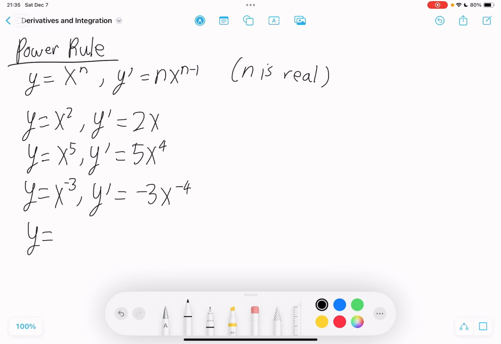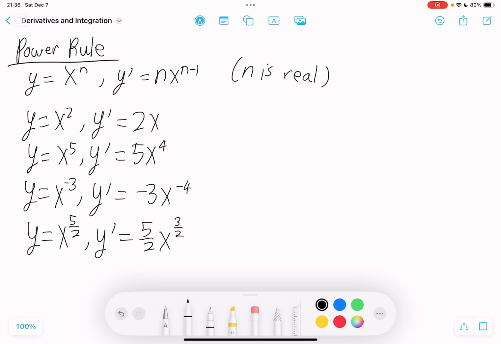If y is x to the power of, say, 5 over 2, then the derivative of y would be 5 over 2 times x to the power of 3 over 2, because 3 over 2 is 5 over 2 minus 1. So as you can see, this is how the power rule works.